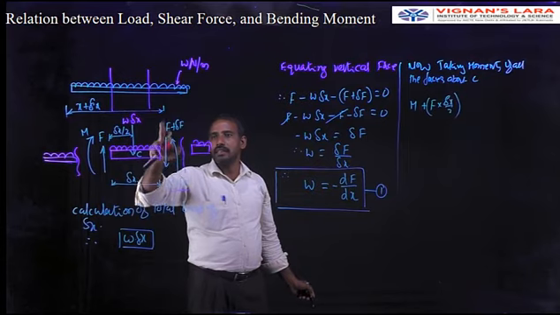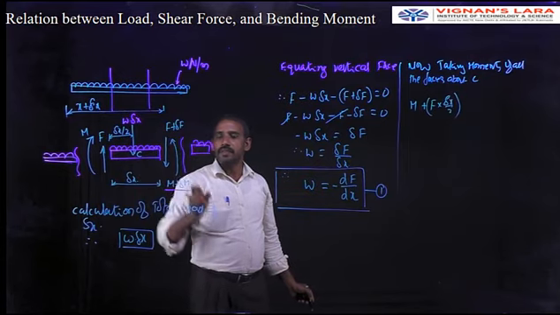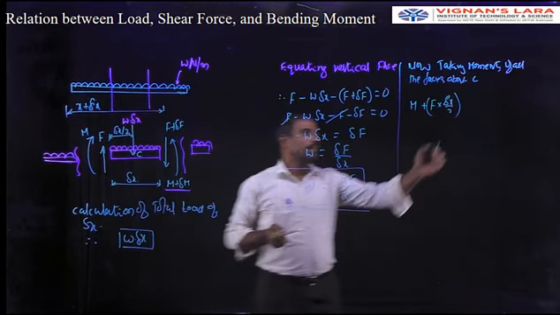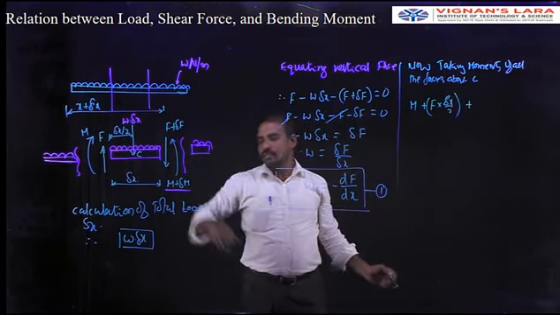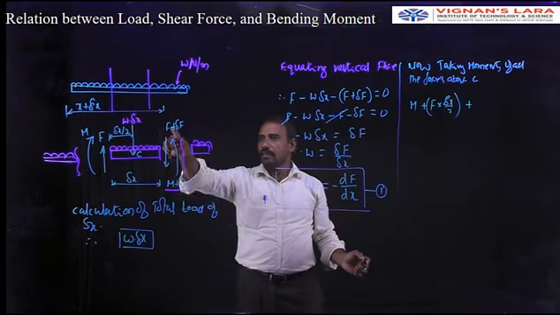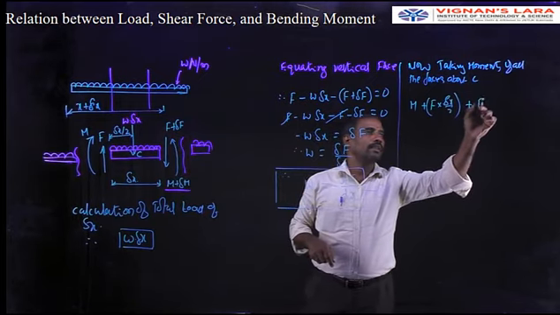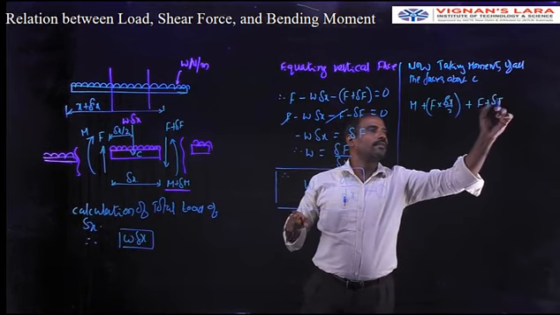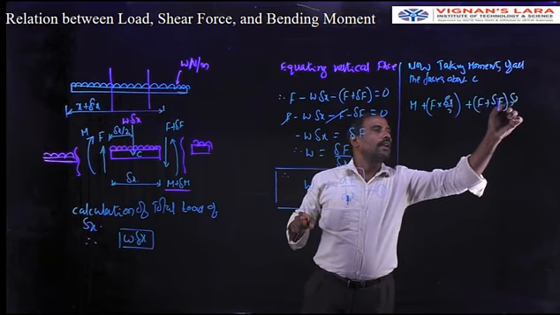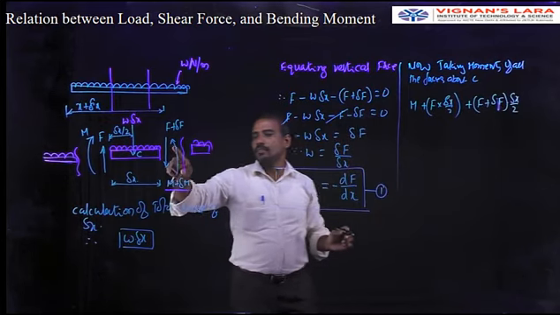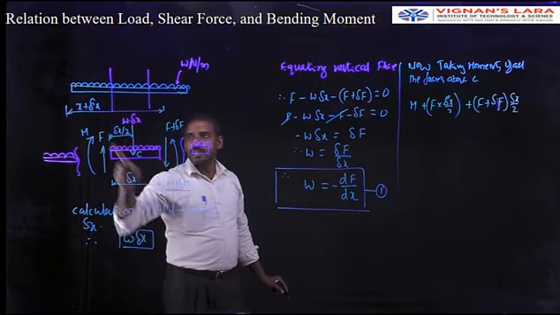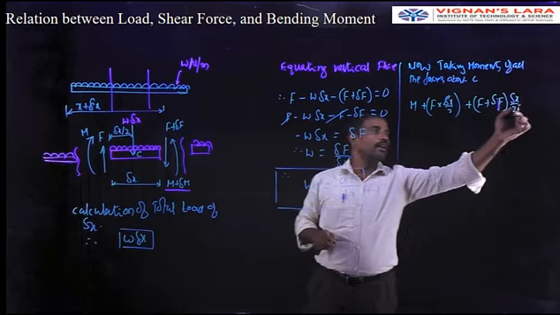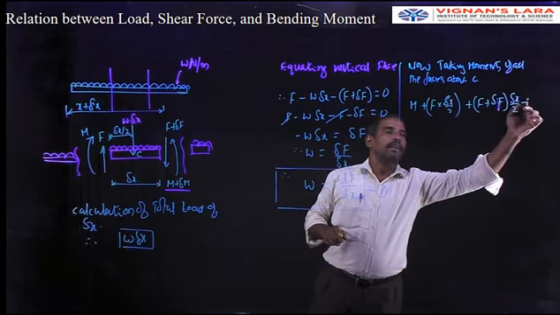Similarly, F plus delta F is also producing a clockwise moment with respect to C, which is also taken as plus. The perpendicular distance is delta x by 2, so (F plus delta F) into delta x by 2. The moment at the section x plus delta x, that is M plus delta M, is counterclockwise, taken as negative.